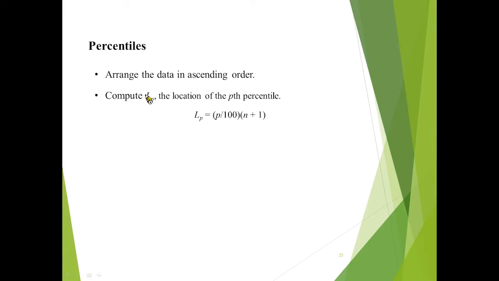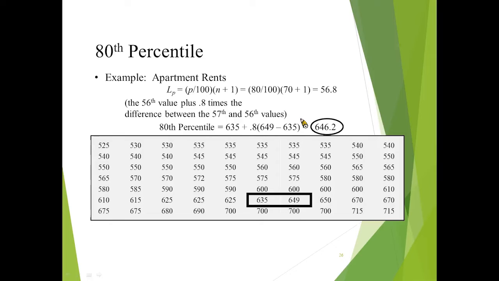Arrange the data in ascending order and compute the location of the pth percentile. This is the formula. So you can see this example. You want to know the 80th percentile. So you can see p is 80 and n is 7.